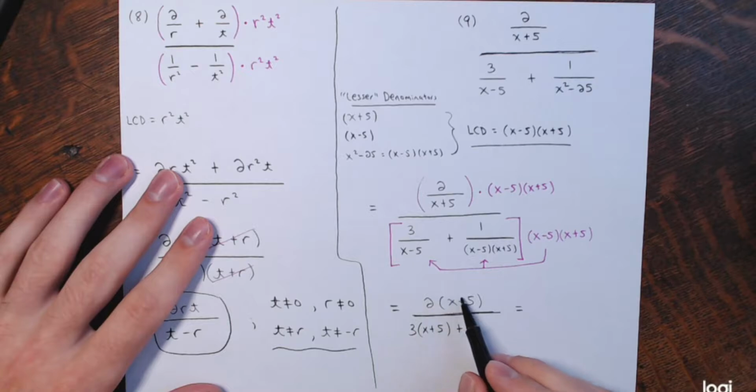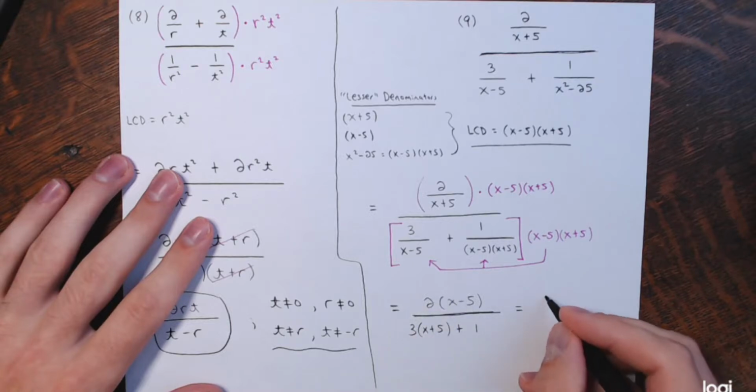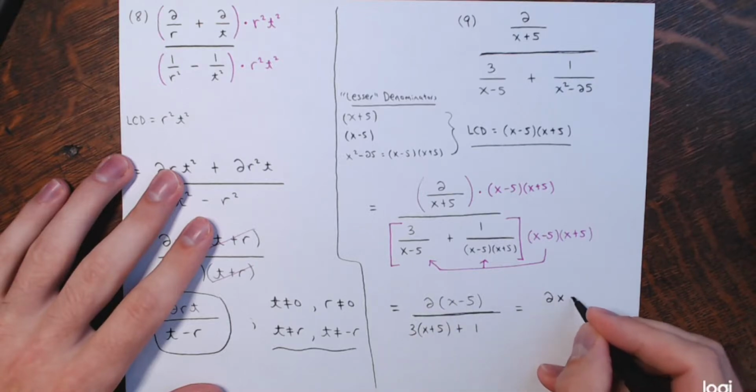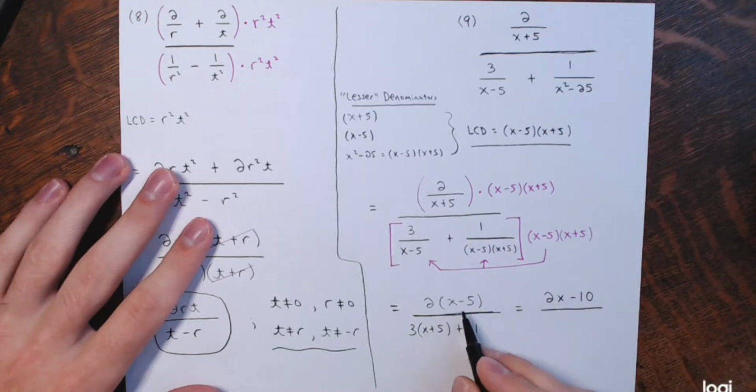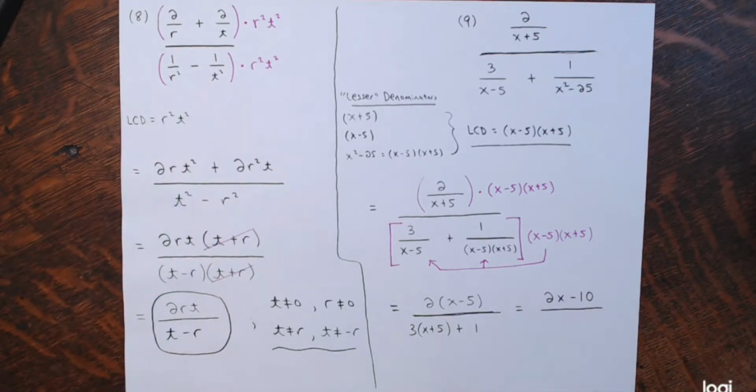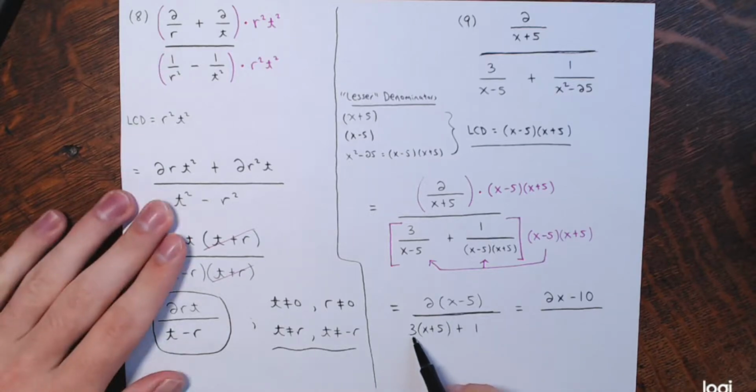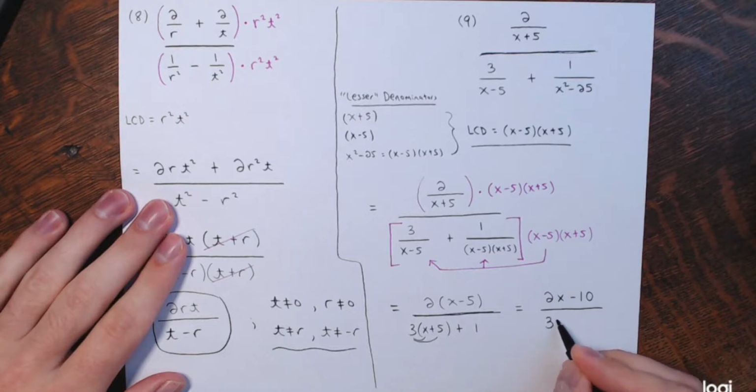The numerator would be 2x minus 10, which is factored to 2 times x minus 5. I might get back to that in a second. And the denominator, multiplying the 3 by x plus 5 gives me 3x plus 15, plus 1 would be 3x plus 16.